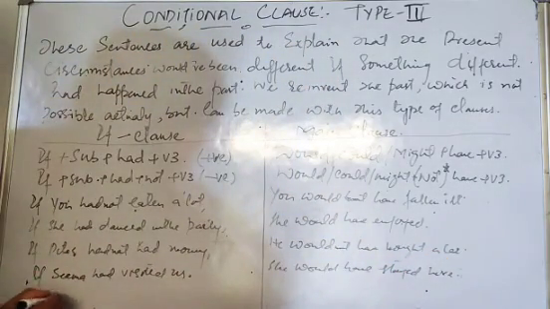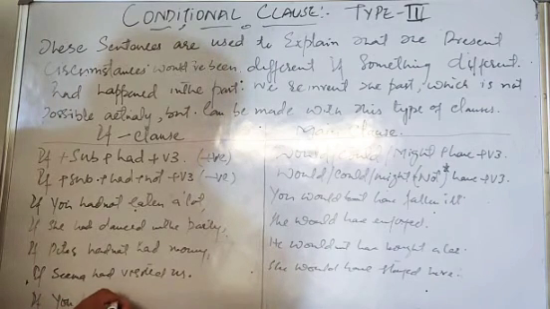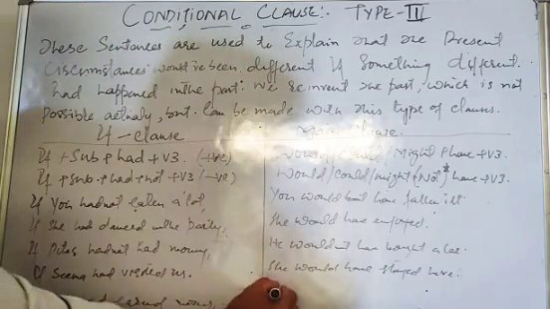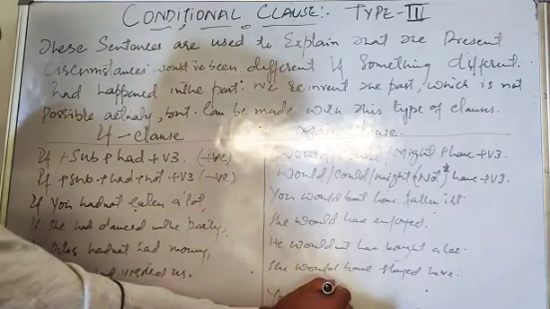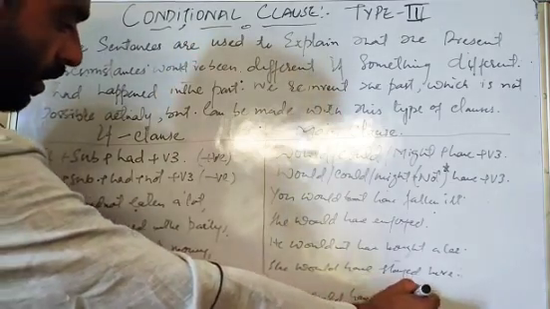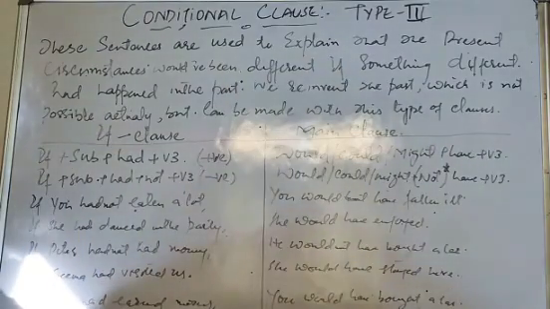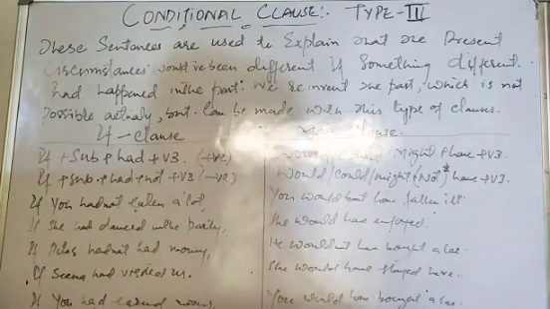If you had earned money, you would have bought a car. Okay, so this is all about conditional clause type third.